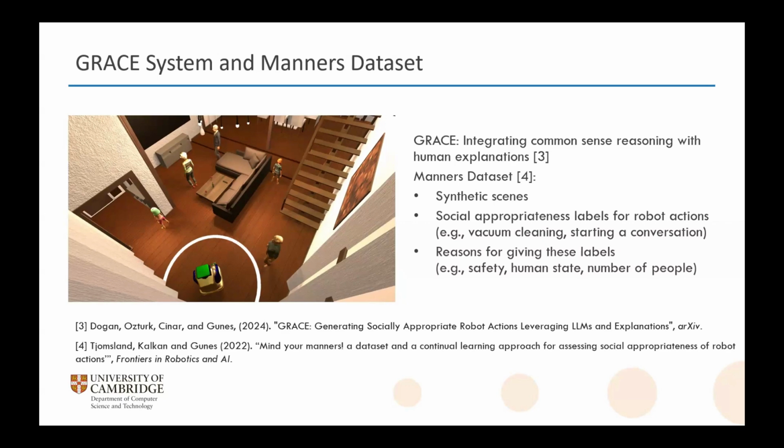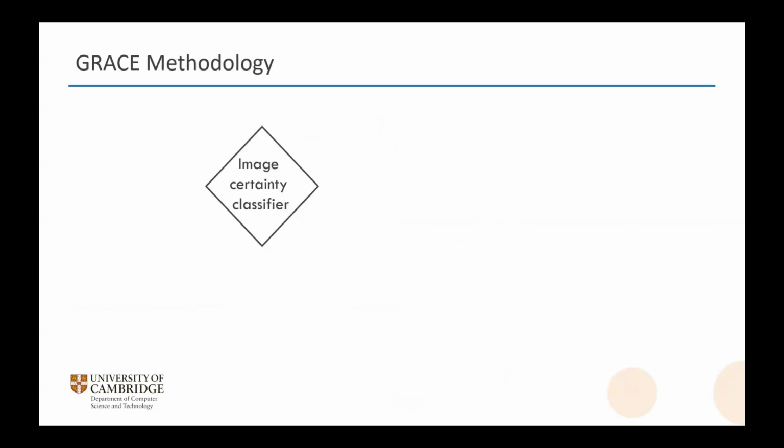As well as the social appropriateness, it also has the reasons for giving such scores. So here it can be the safety reasons, as we gave in this example, or it can be the human state, number of people in the scene, how close people are to the robot. So they give the reasons why they gave these social appropriateness scores.